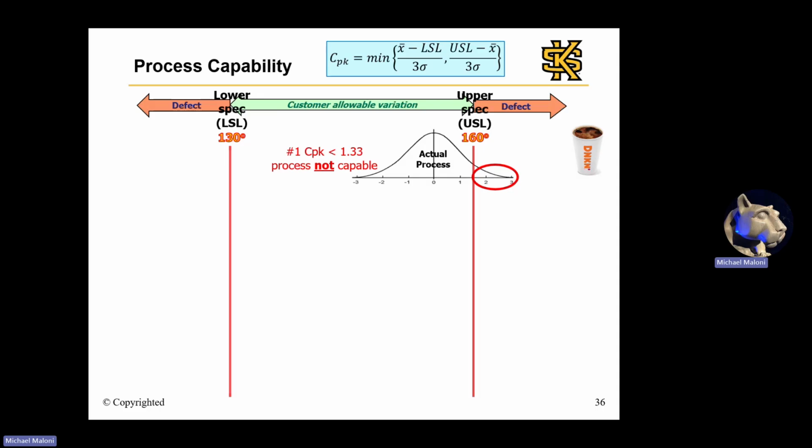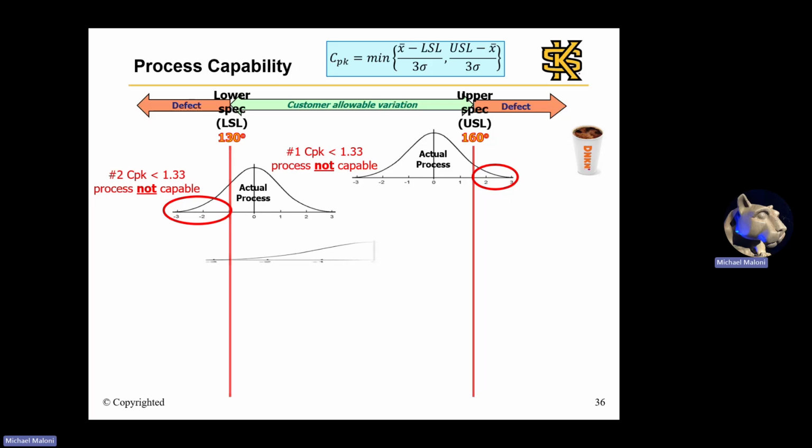Specifically, it will occasionally produce coffee that is too hot. Consider another scenario where the lower part of the distribution falls beyond the 130-degree lower spec limit. This process is also not capable of consistently producing within customer specs. The CPK is less than 1.33. It will occasionally produce coffee that is too cold.